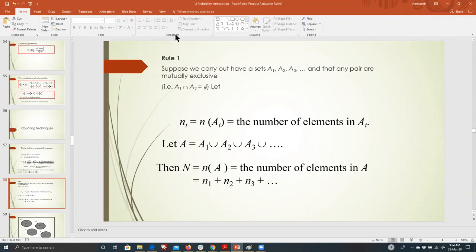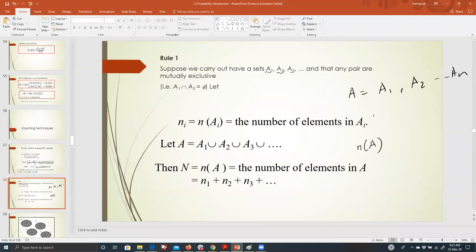So suppose we have a set of different events A1, A2, A3, and any pair are mutually exclusive. So counting is extremely easy over there. If I ask you to get the union of all the events, what would be the total number? A is the superclass, constructed out of A1, A2, till AN. So if I ask you to get the probability of A, how would you get it?